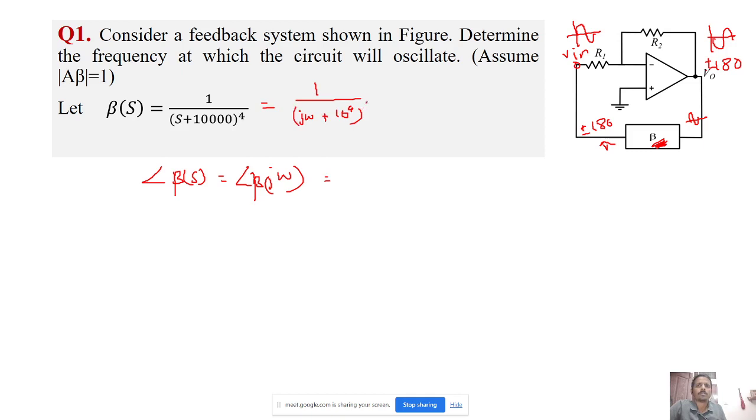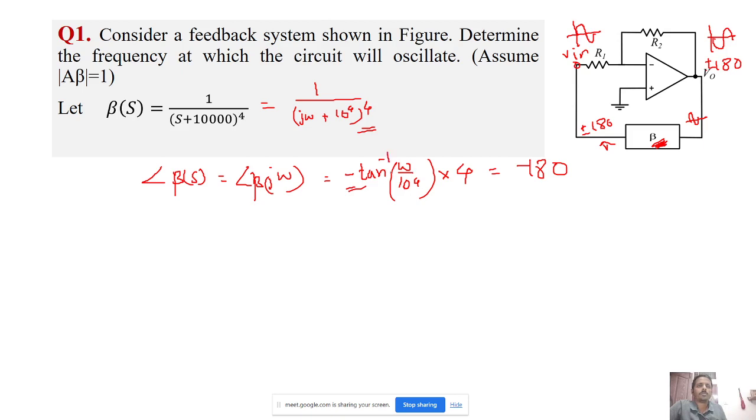The angle is minus tan inverse omega by 10 power 4, and since there are 4 terms, this is multiplied by 4. This must be equal to 180 plus or minus 180, so we assume it to be minus 180, and then we get a total of 360 degrees.